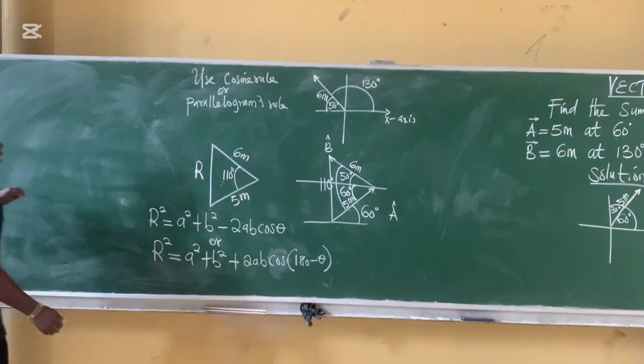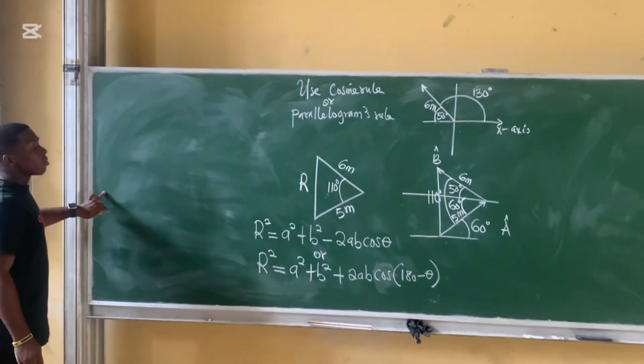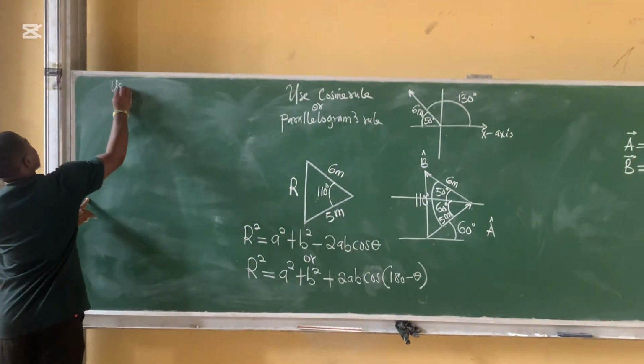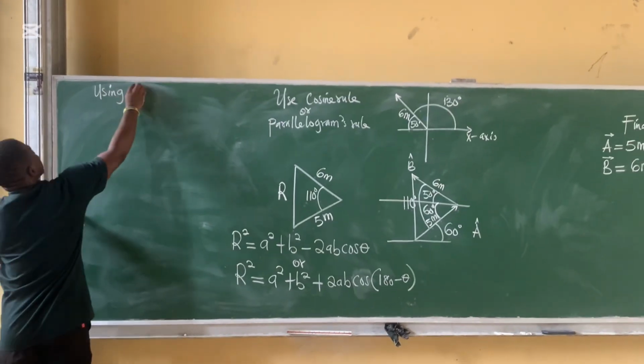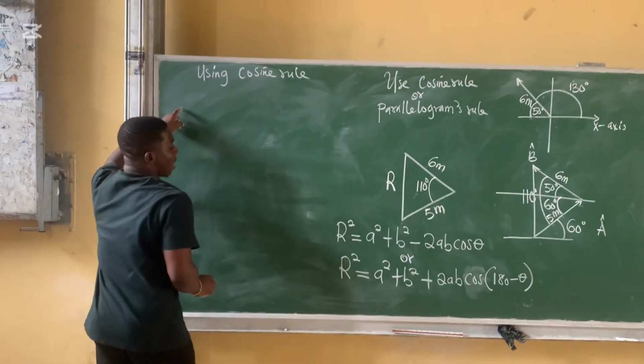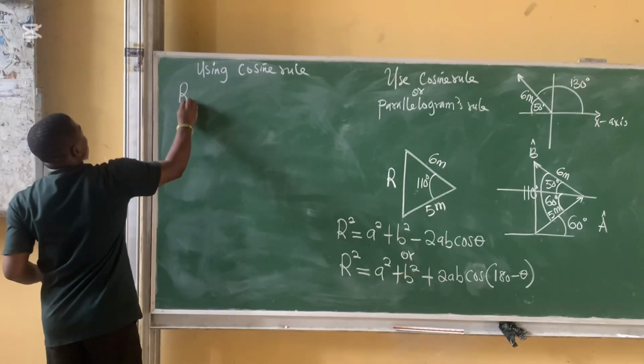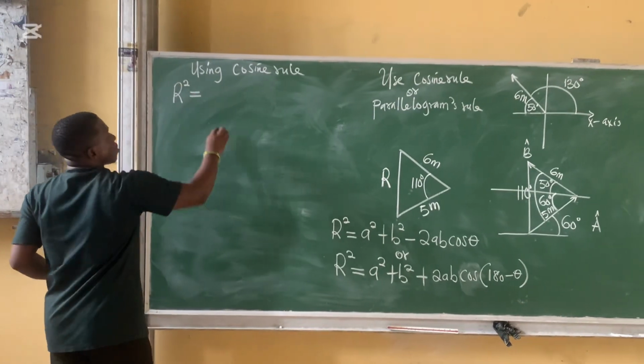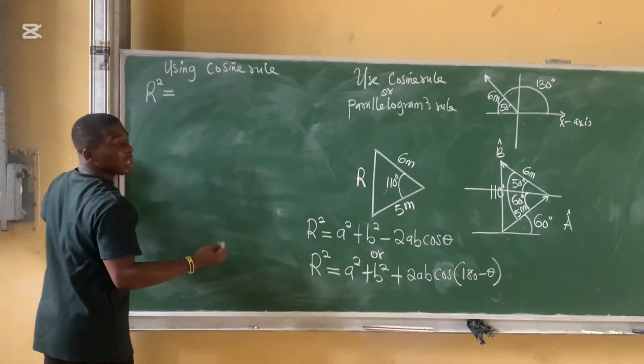So using the cosine rule, to get my resultant, R squared is equal to a squared plus b squared, where a can be 6 or 5. You can use either of them.